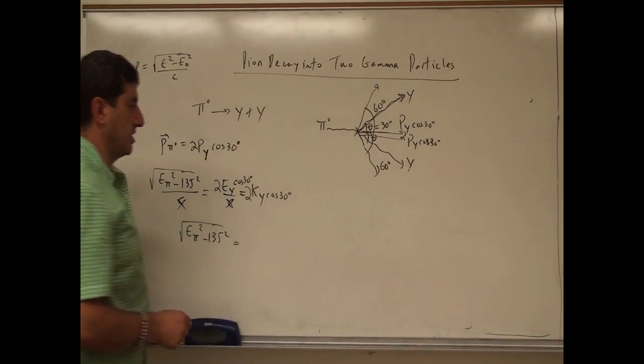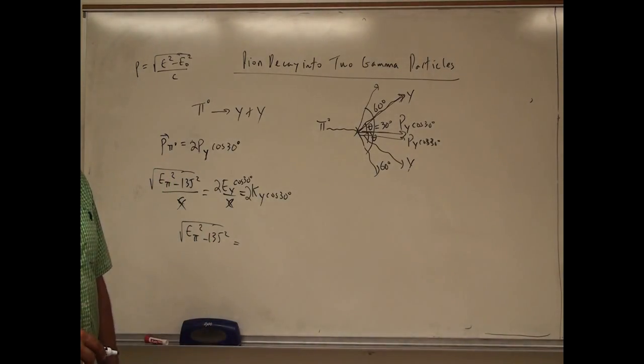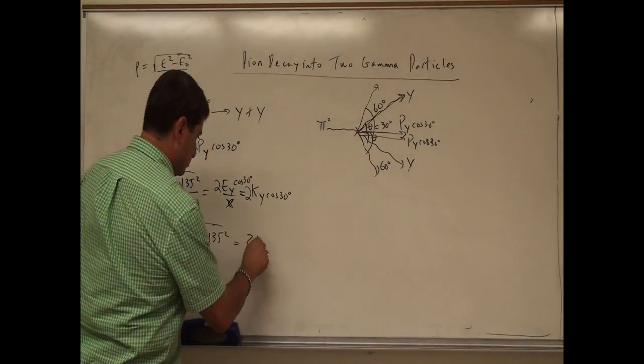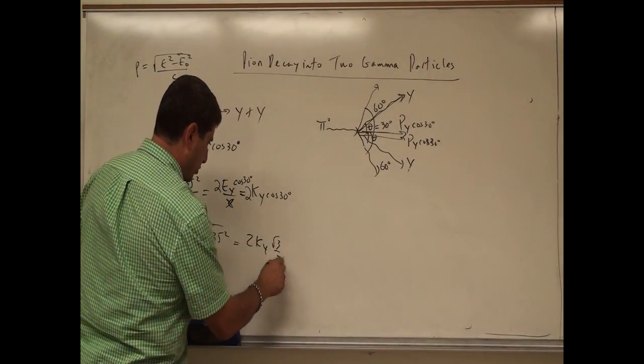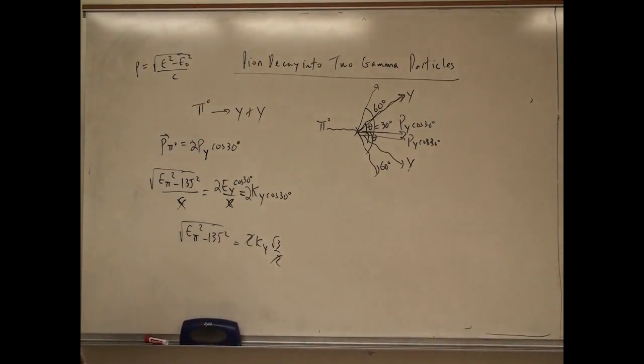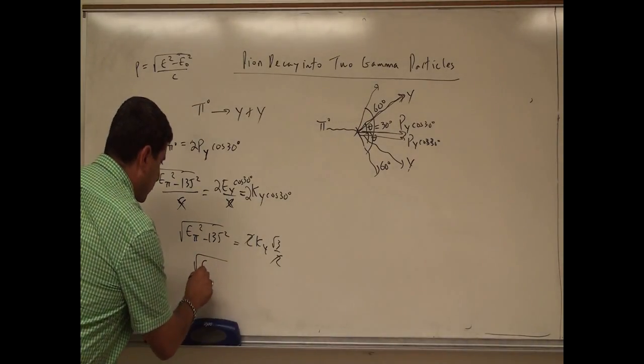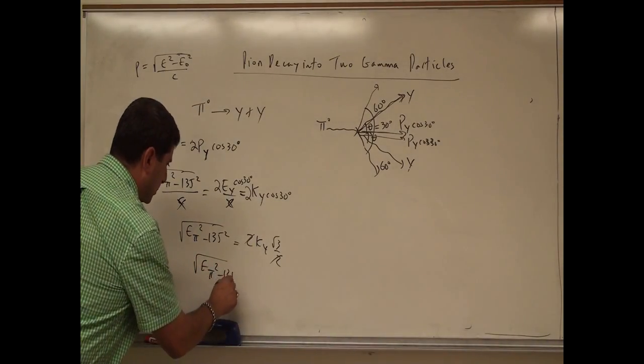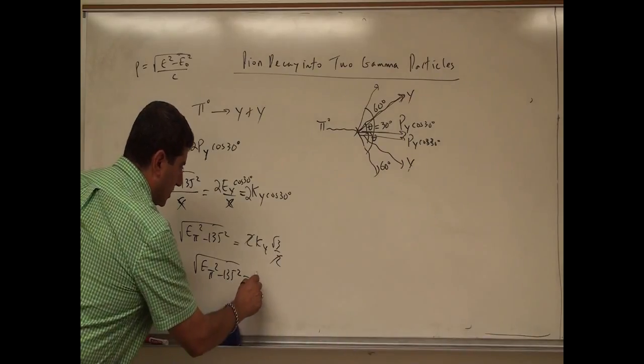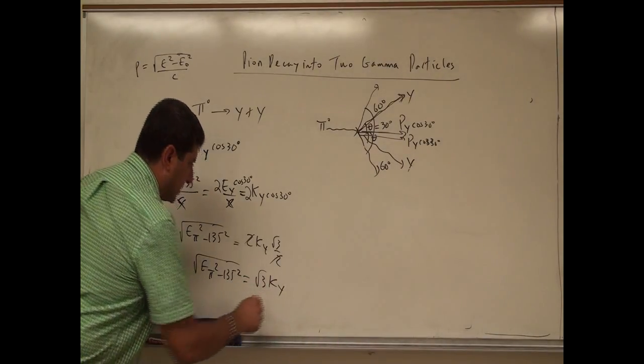Cosine 30 is root 3 over 2, so the 2 cancels. So the square root of the energy of the pion squared minus 135 squared is equal to root 3 times the kinetic energy of the gamma.